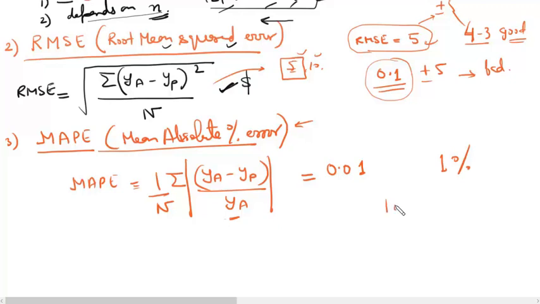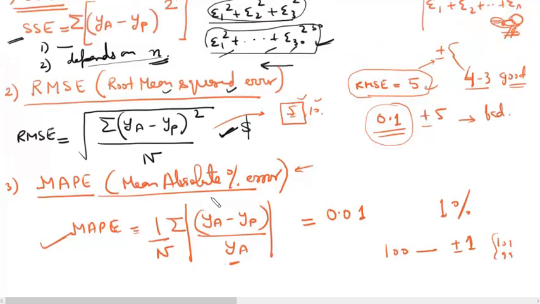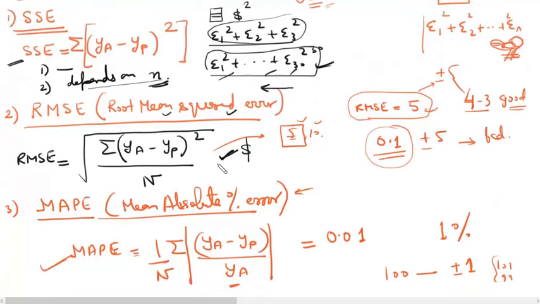So if your actual value is 100, your model is predicting plus minus 1%. So 101 or maybe 99. So this means you have built a very good model which is just giving a 1% error. So it becomes very easy to understand and to interpret if you are reviewing your errors in terms of mean absolute percentage error. So these are the 3 error parameters which are very popularly used, each having its own advantage and disadvantage.